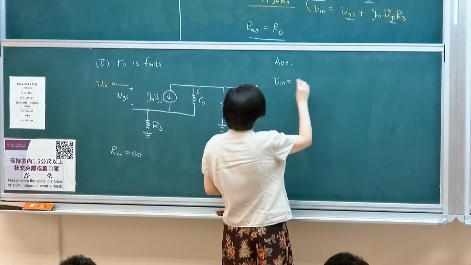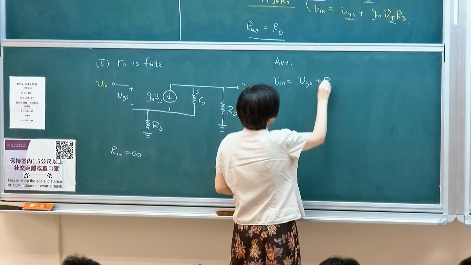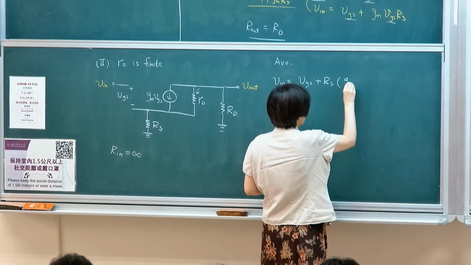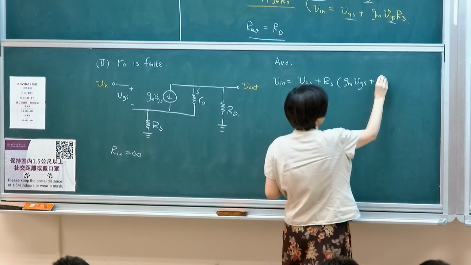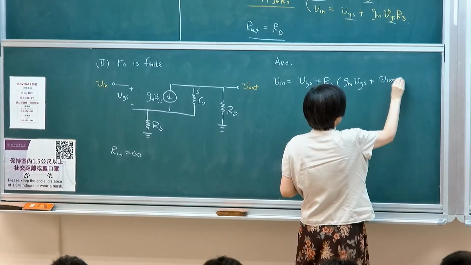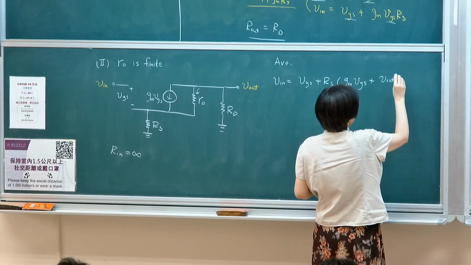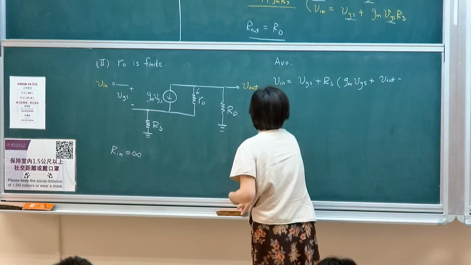So your input voltage will be VGS plus RS times a current, which is a GM VGS, plus the current, which is VL divided by, should I use the current? Let me think about which one is easier.